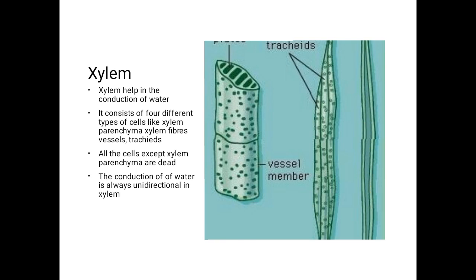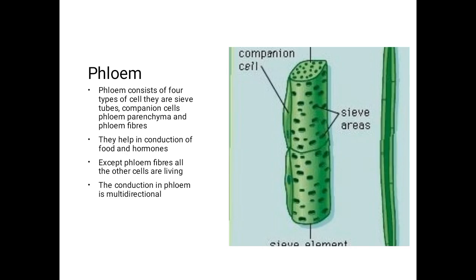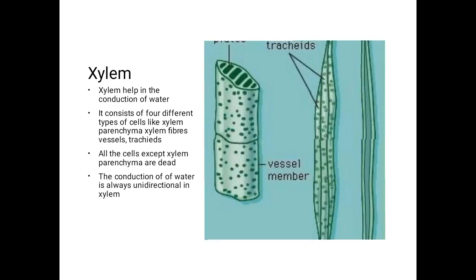Xylem fibers are sclerenchymatous. And you can see these are tracheids. You can see their ends are pointed. Pointed ends they are having. Understood? And these are vessels. They are cylinder-like cells, where you can see the conduction of water takes place through this.